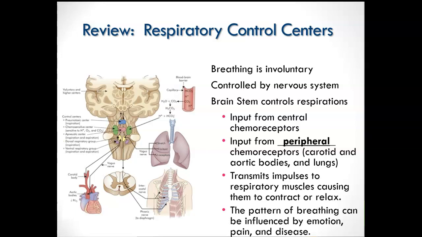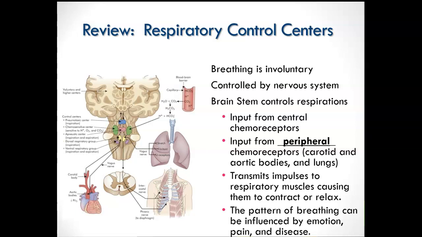So how does our brainstem control respirations? It gets input from central and peripheral chemoreceptors that then transmit impulses to respiratory muscles, causing them to contract or relax.